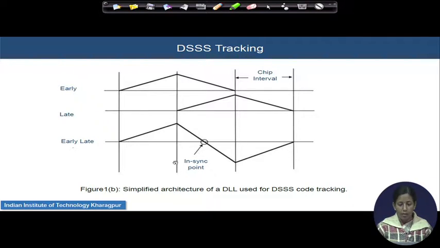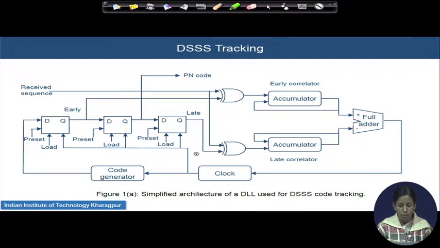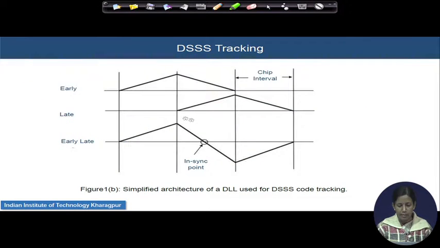Similarly, if I look at the lower one, this has an input from the late gate and also the received sequence. So, at the output of this second correlator, we will get a late gate output like this. Remember, we consider that the gap is a chip interval equal to 1.